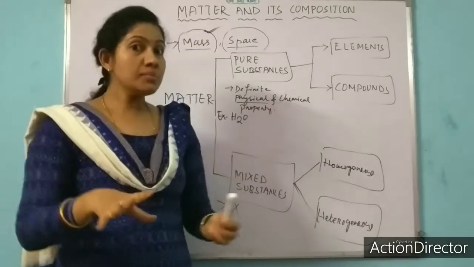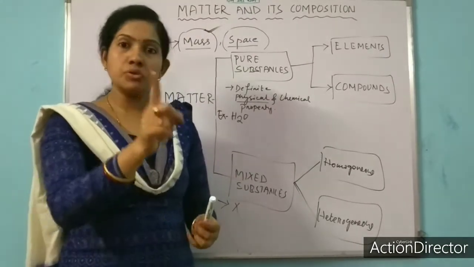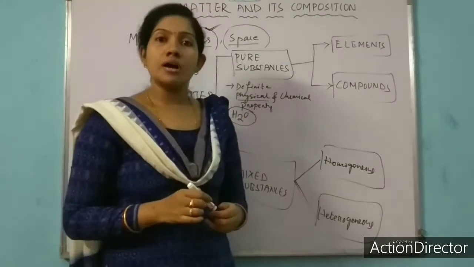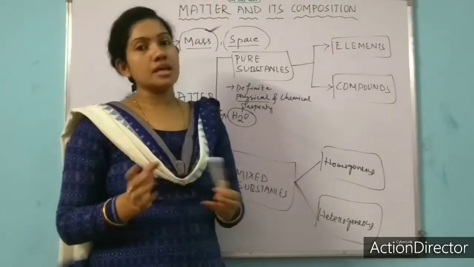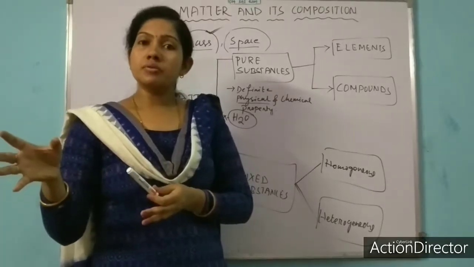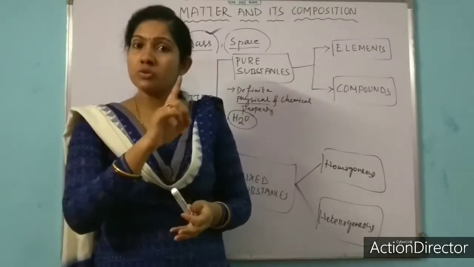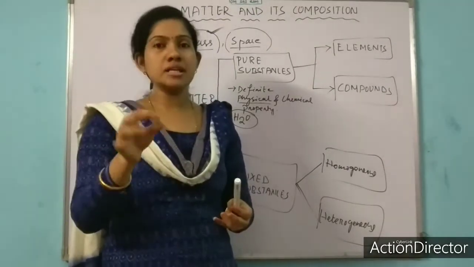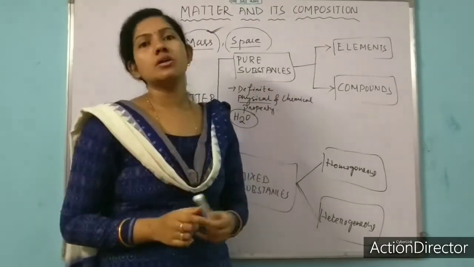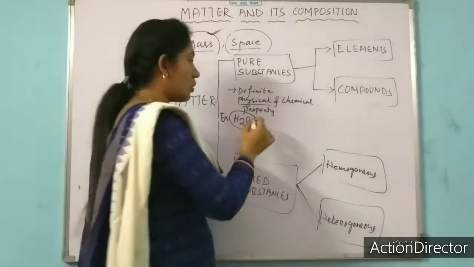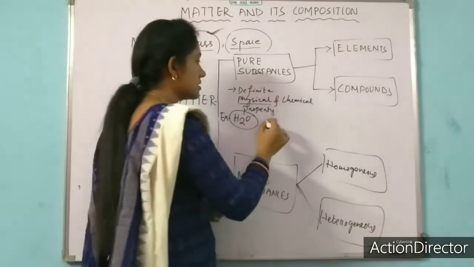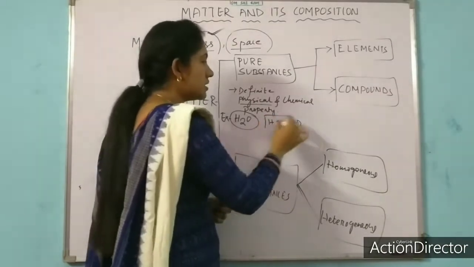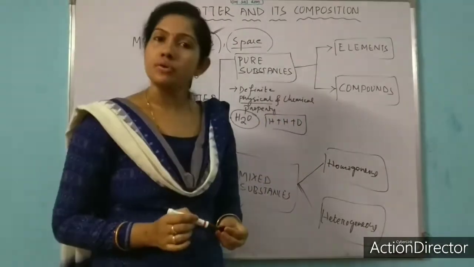Again, from wherever you take water, the formula will be H2O only. If you take your RO water, its formula is H2O. If you take water from a pond, the formula will not vary. It will contain the same molecule, 2 hydrogen and 1 oxygen only. Means the composition of water will not change.